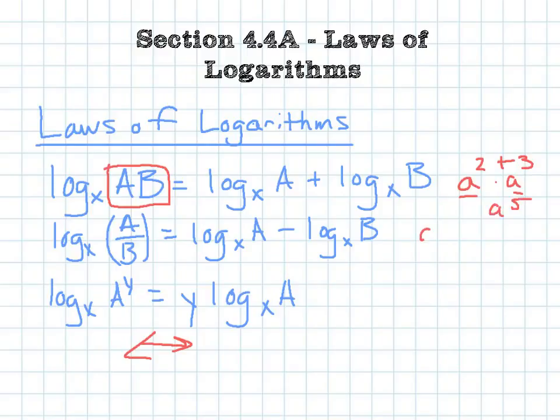If I have the division of two like bases, then I can subtract the exponents. And if I have the power of a base to another power, then I can multiply the exponents. So that's kind of where those come from. So division means subtraction, and multiplication means addition, and power means multiplication. Okay, so that's kind of where they come from and how they can be used.